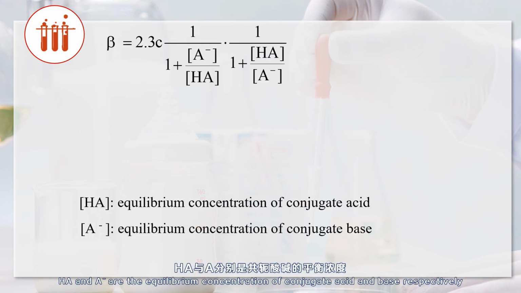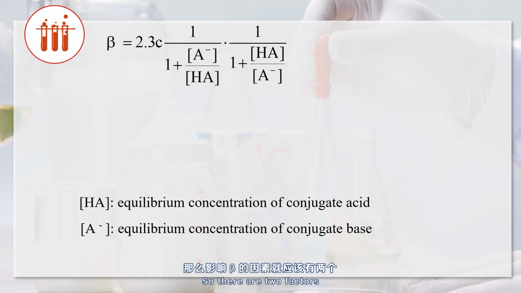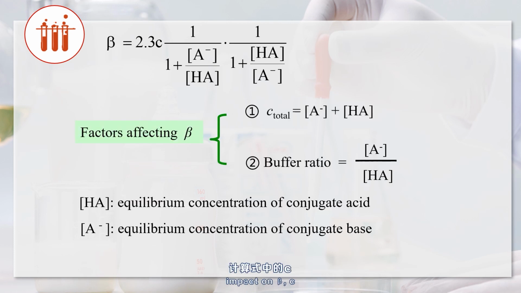In this formula, HA and A- are the equilibrium concentration of conjugate acid and base, respectively. So there are two factors impacting beta: C, the total concentration of conjugate acid and base, and the concentration ratio of conjugate base to acid, which is called buffer ratio. Next, we will talk about how these two factors influence buffer capacity in detail.